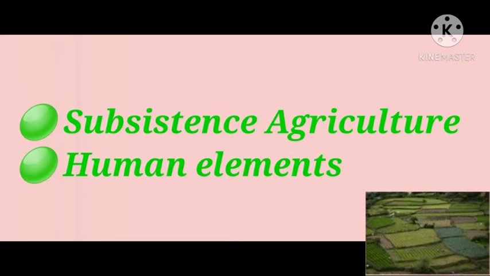Another important element is human factors. Most of the Indian farmers are poor and already debt driven, and some are not educated. So because of these problems, they are not able to follow modern methods of farming, or they are not able to purchase modern equipment.